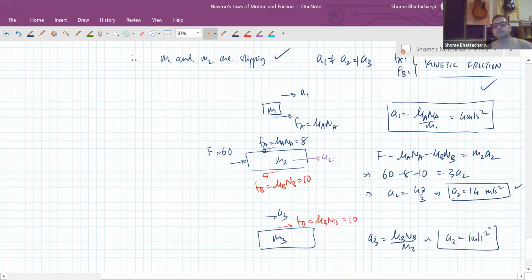So there's going to be slipping everywhere, and they will have individual accelerations of 4 meters per second square, 14 meters per second square, and 1 meter per second square respectively. So this is a more complicated version of the multiple blocks with friction between them. So just make sure you take a minute to understand this solution properly, and we'll move on to another question next.